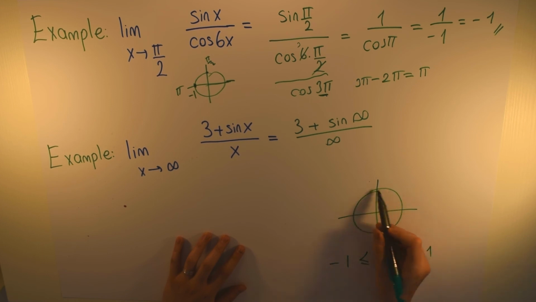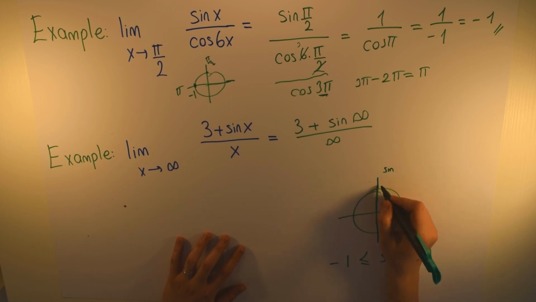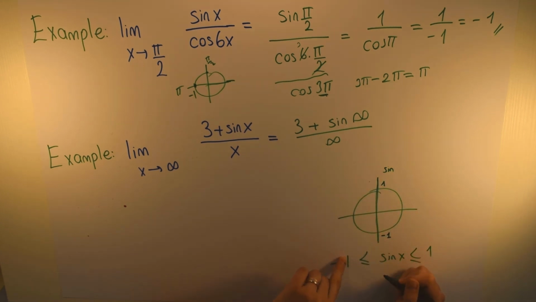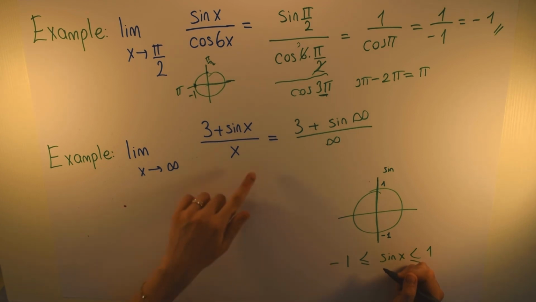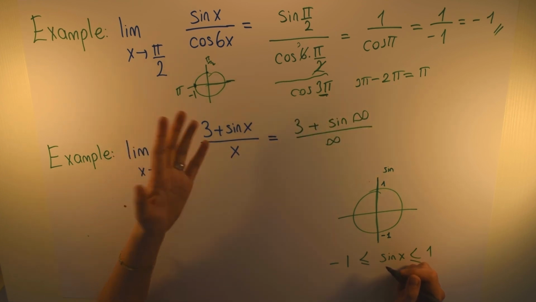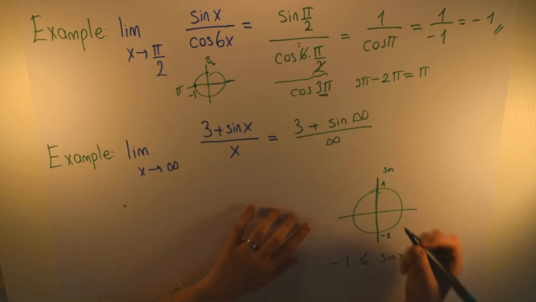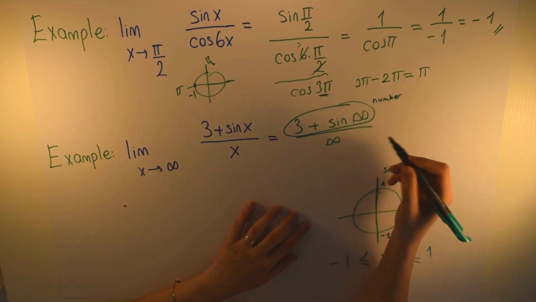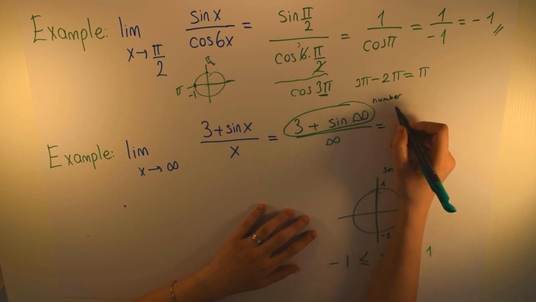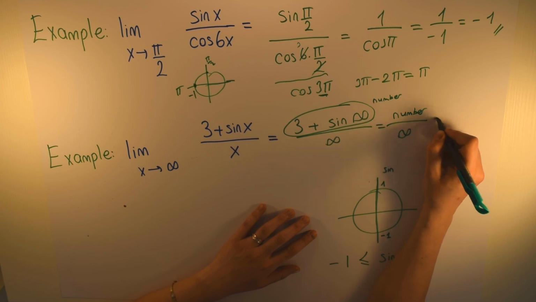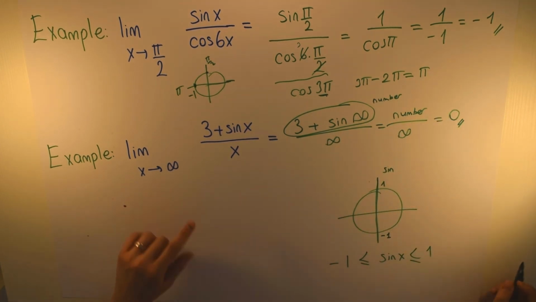When we look at our unit circle, this is our sine line, and it is between 1 and minus 1. This cannot be equal to infinity. So sine infinity is also equal to some number between minus 1 and 1. That's why this numerator is a number actually. It is not equal to infinity. So since this is a number over infinity, it is equal to 0. So our answer is equal to 0.